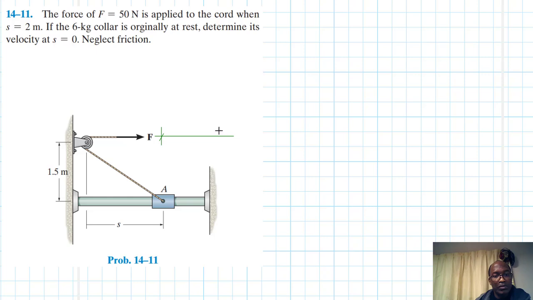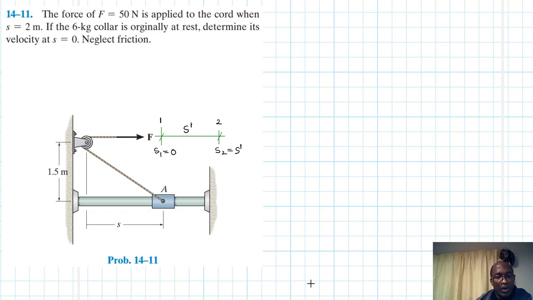So we expect the force to move. Let's call this distance here S prime, and we call these points 1 and 2. Here we have S1 equal to 0, and then here we have S2 equal to S prime.